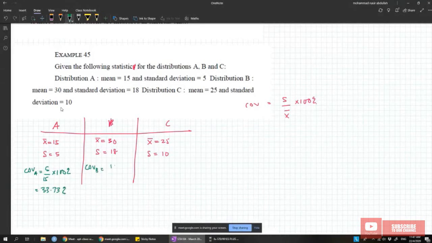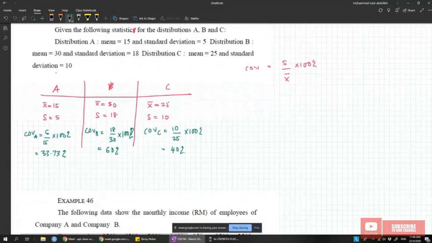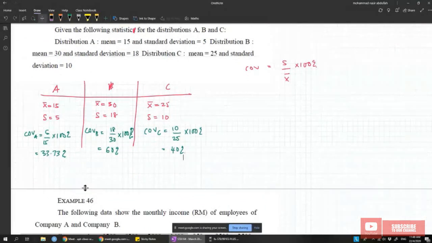Coefficient of variation B is 18 divided by 30 multiplied by 100%, which is equal to 60%. Coefficient of variation C is 10 divided by 25 multiplied by 100%, which is 40%. So what can we conclude from here?